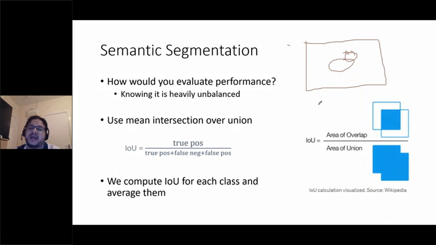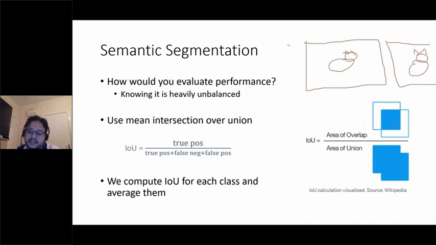We treat every class separately. So we have this cat, and we see what pixels we detected as cat from the original image. Here we have the original image, and here we have what the model predicted. We look at the intersection. So this is an intersection. We divide it by the total size.